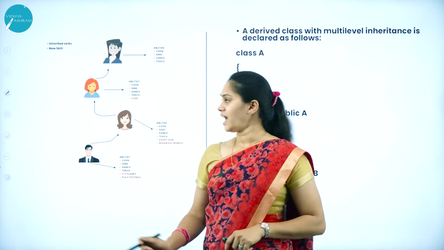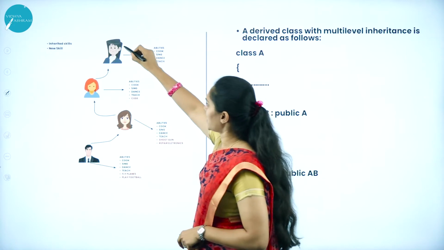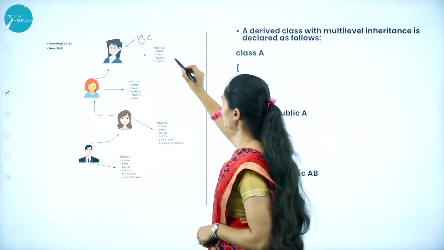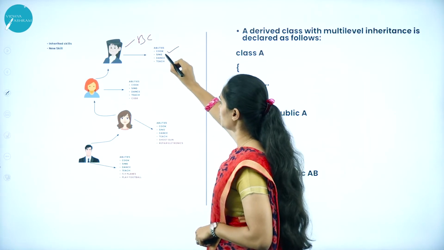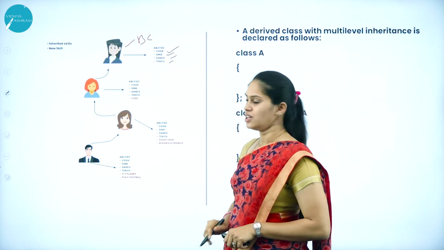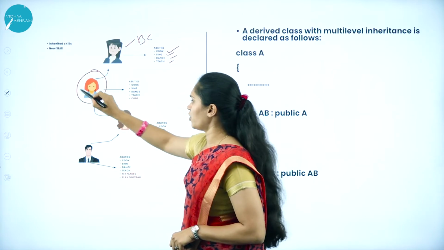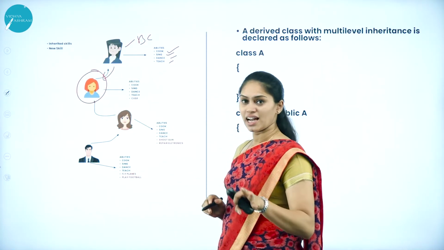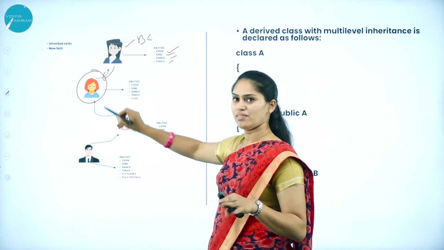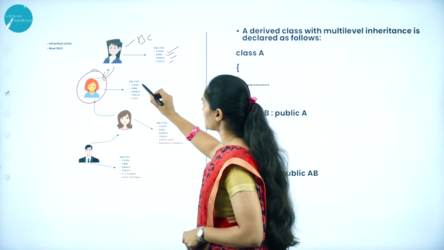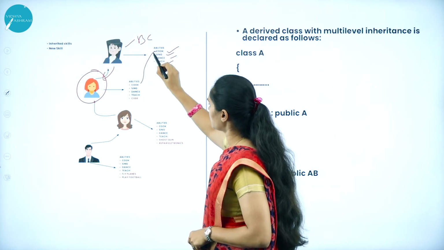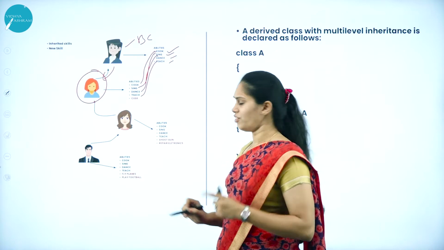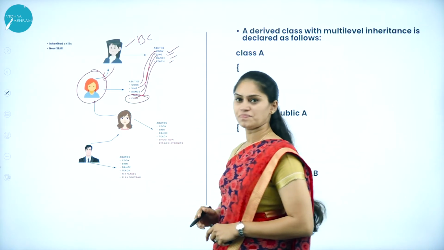If you see the example here, this is considered the base class. The features of this class include the ability to cook, sing, dance and teach. The next level class acquires the features from this base class, so it inherits cook, sing, dance and teach, and it has its own feature, that is code.